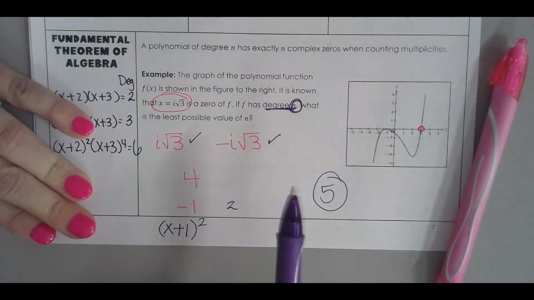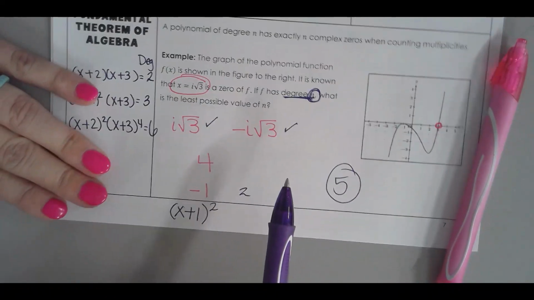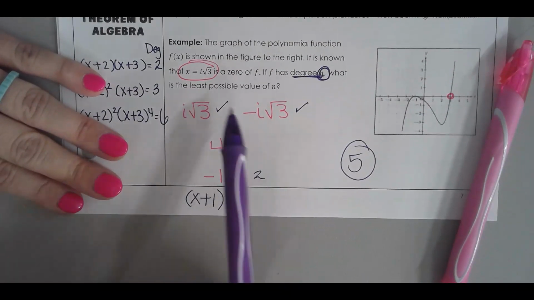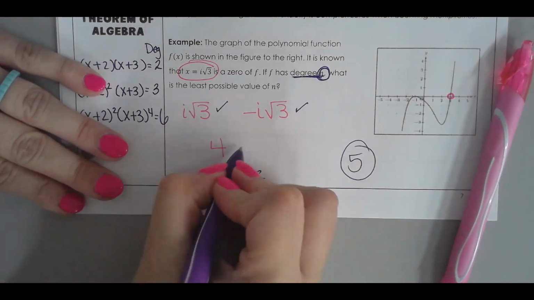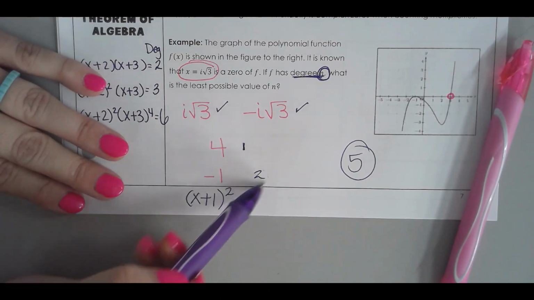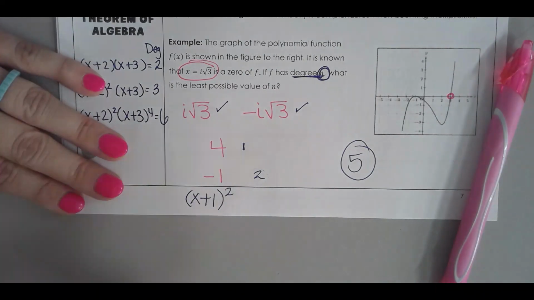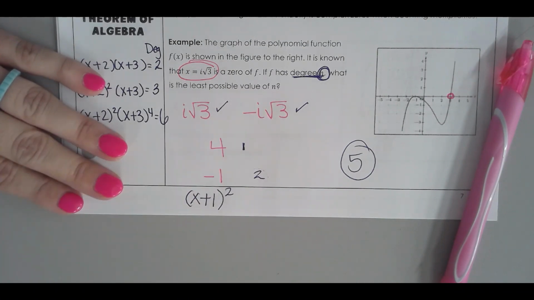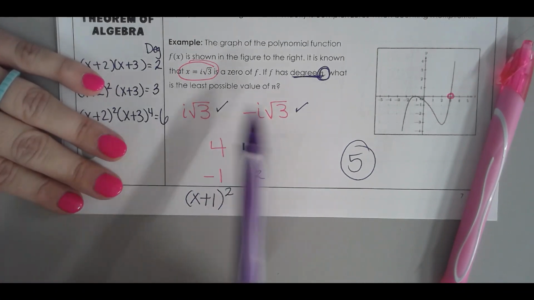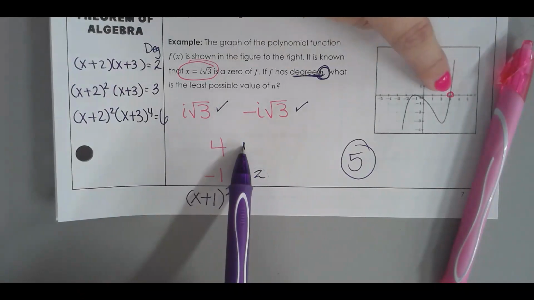Okay, here's why. We have 1, 2, 3, 4, 5. These count as an x-intercept. Each of those is degree 1, at least. Could I have a degree 1 that crossed through?